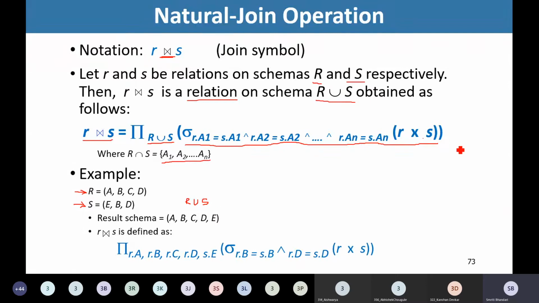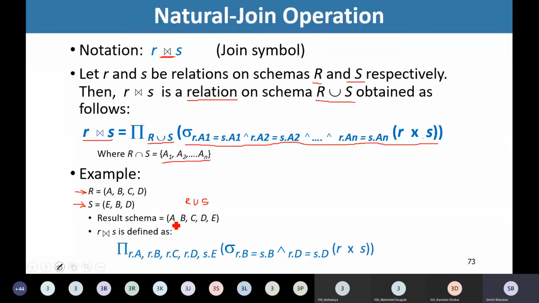Okay. And now, according to our definition, how are we getting the result? Just look at it. We write this natural join operation as the projection operation on the list of attributes given as R union S. So here R union S is our resultant schema, so we should have all those attributes listed over here: A, B, C, D, E. Now, from where are we getting A?